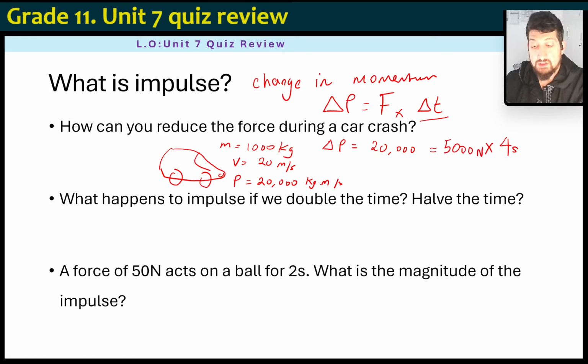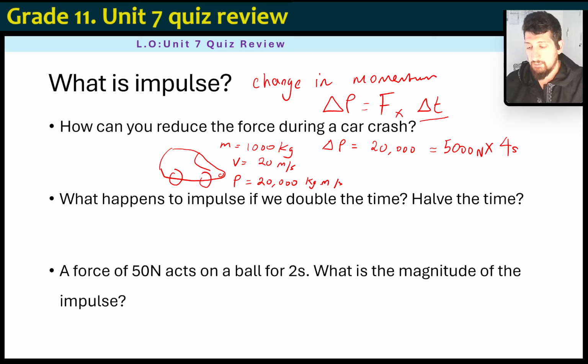And 5,000 newtons is about 500 kilograms. Now that is still quite high, but it might actually be survivable compared to the feeling of 2,000 kilograms. And so this is very, very important. Decreasing or increasing the time can decrease the force experienced by the person or the passengers.